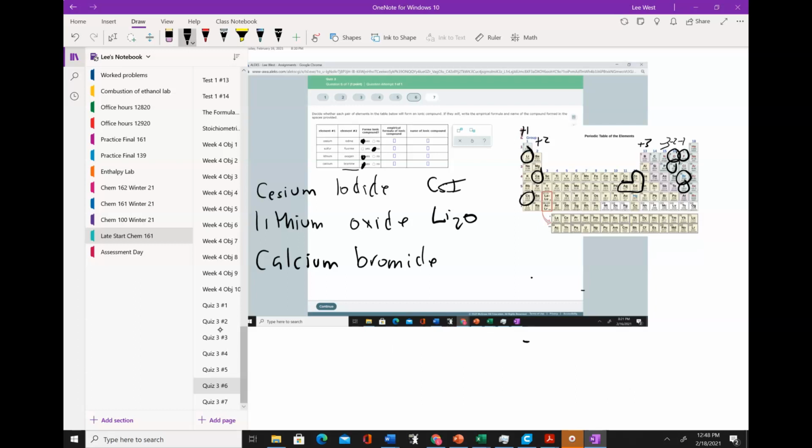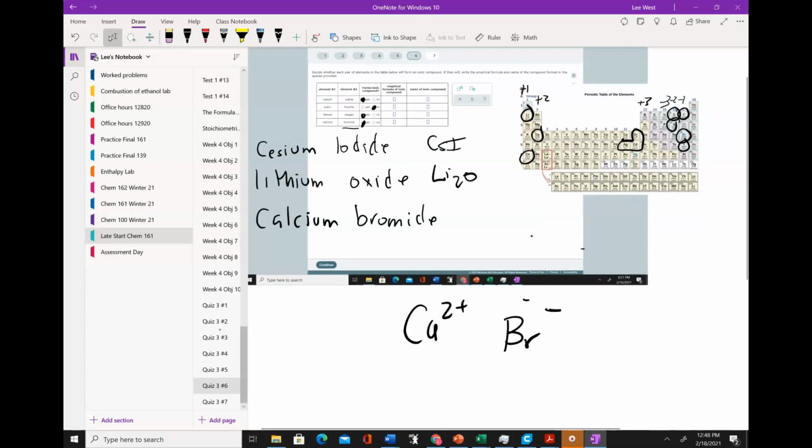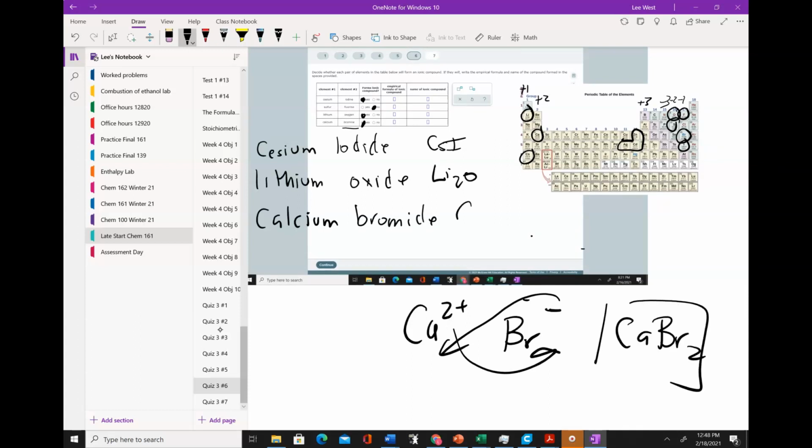Calcium is in group 2A, so it's going to be +2, and then bromine is in group 7A, so it's going to be -1. So what that means is we need 2 bromines for every 1 calcium, so it's going to be CaBr2. These guys are getting really skilled at doing this.